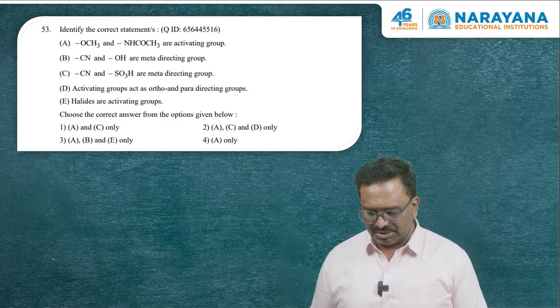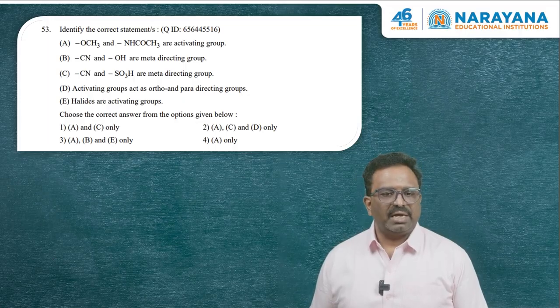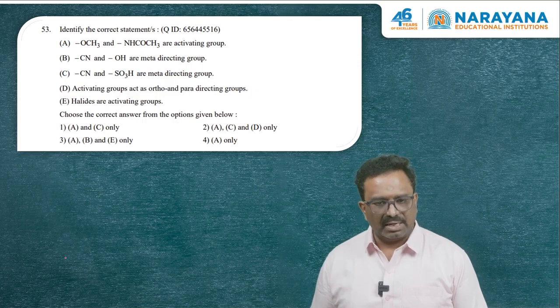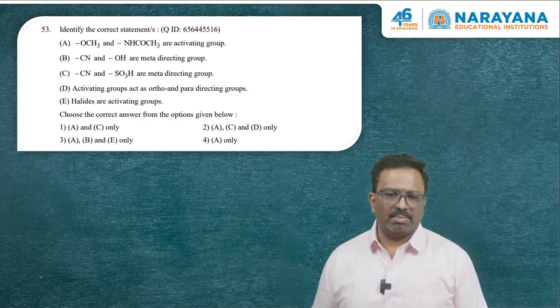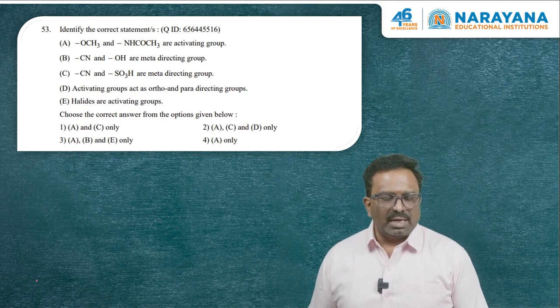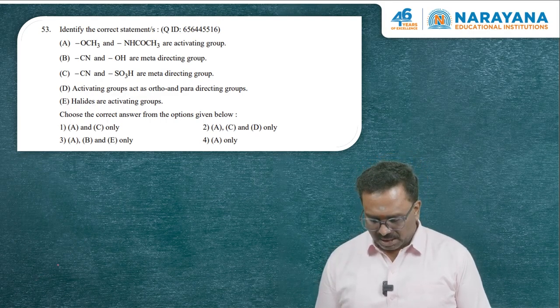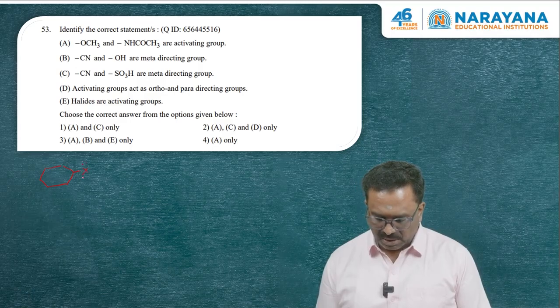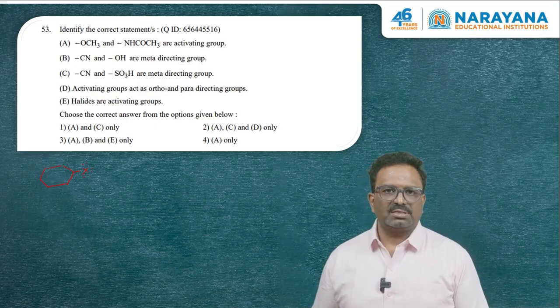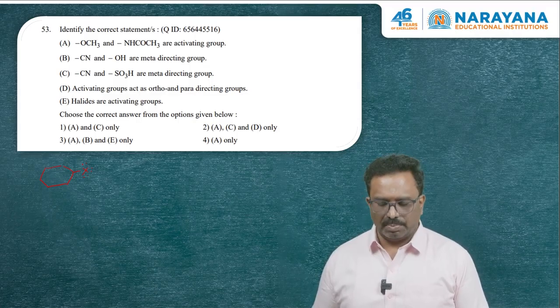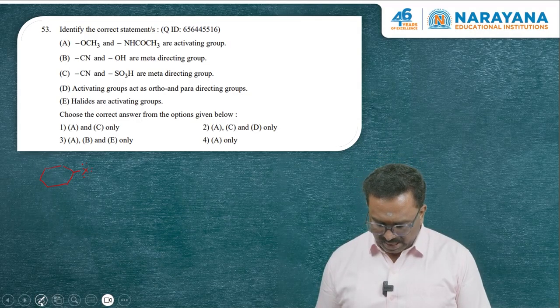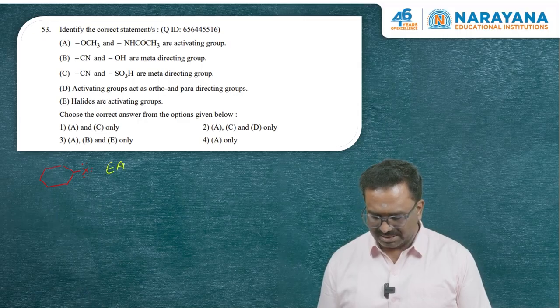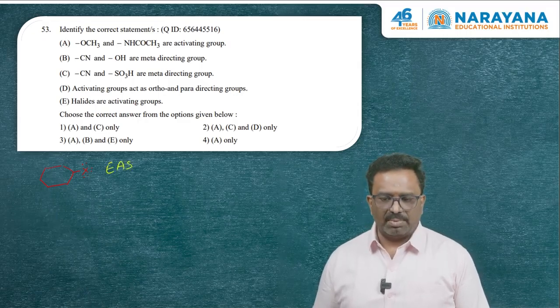Identify the correct statements. OCH3 and NHCOCH3 are activating groups. In an aromatic ring towards electrophilic aromatic substitution, if the element attached to the aromatic ring contains an atom with a lone pair, it acts as an activating group towards electrophilic aromatic substitution, EAS.